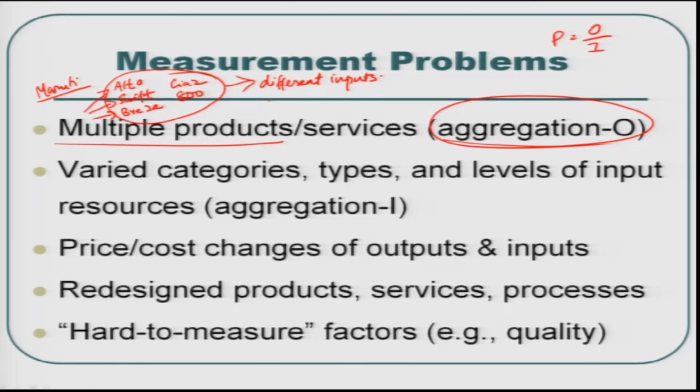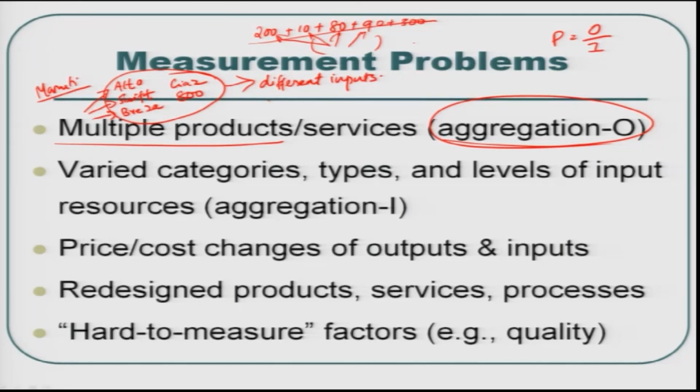You would say that I produced 200 Maruti 800s, 10 Alto, 80 Swift, 90 Brezza and 300 Ciaz, and these outputs are divided by some big value of input. But then what percentage of that input has gone to this, what has gone to this, what has gone to this, what has gone to this, that clarification is not there.